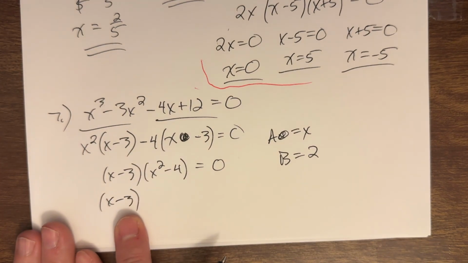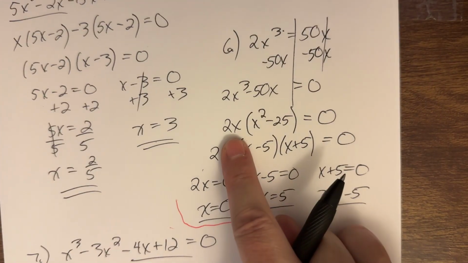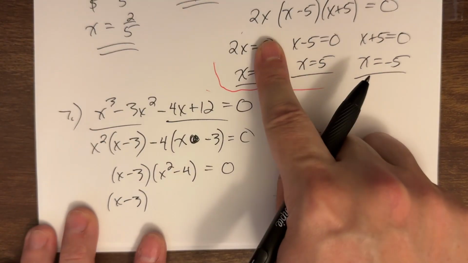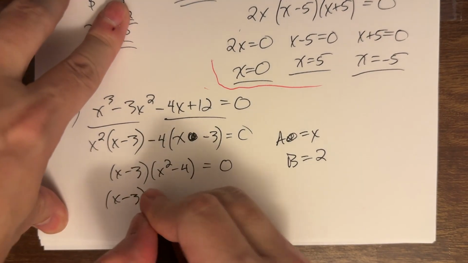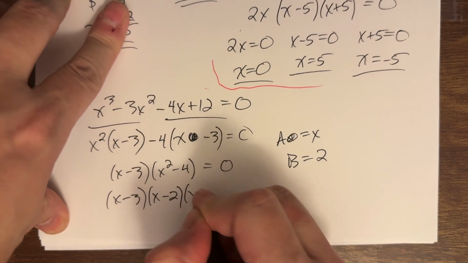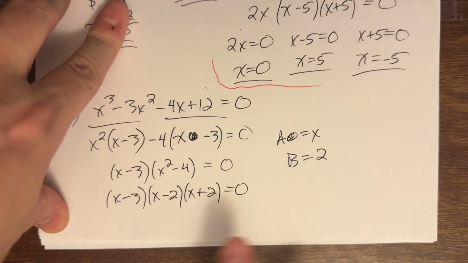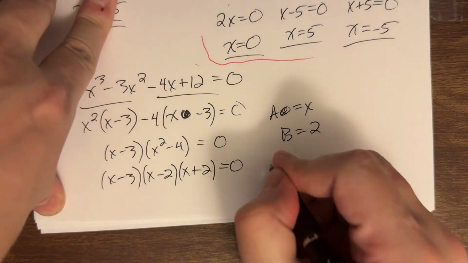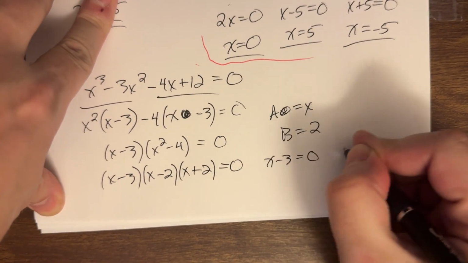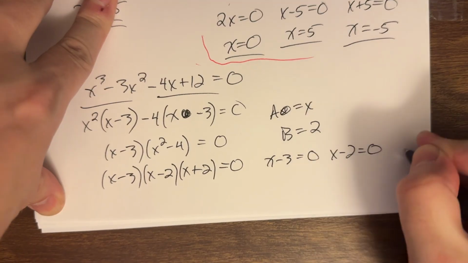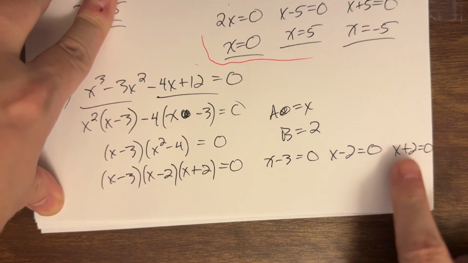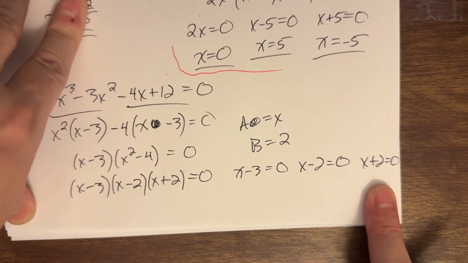The x minus 3 comes along. We don't lose it, just like over here, the 2x just kept going. But here, factors a minus b times a plus b. 3 factors, x minus 3 equals 0, x minus 2 equals 0, x plus 2 equals 0.